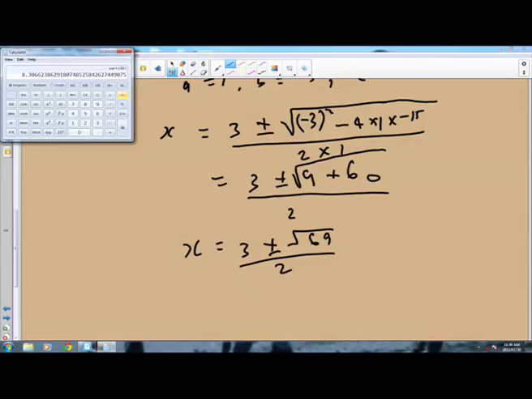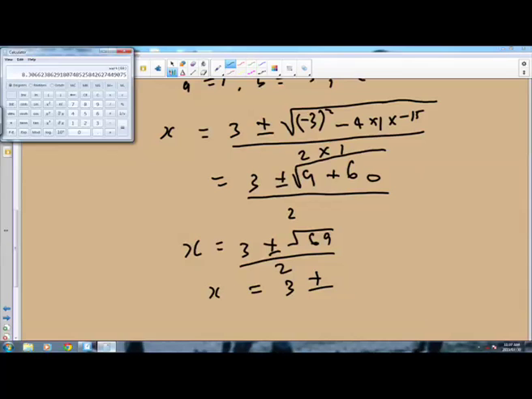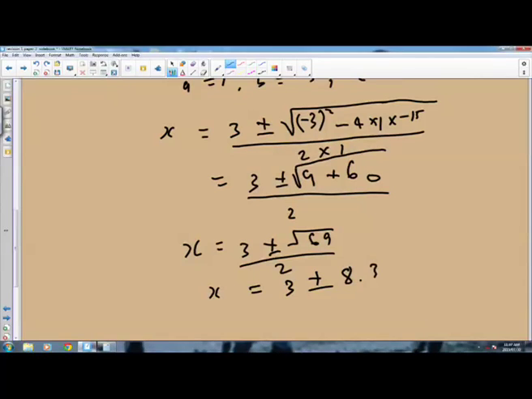So x will be equal to 3 plus or minus 8.3066. This is the value of the square root of 69, and then you can divide this by 2.